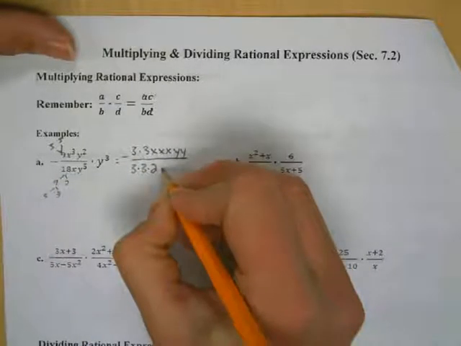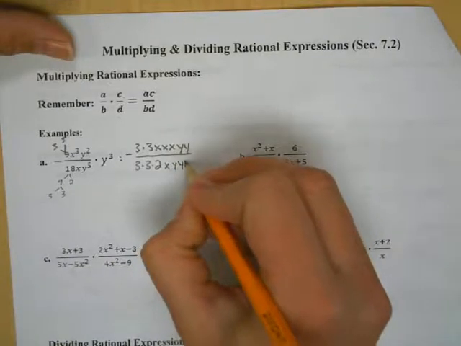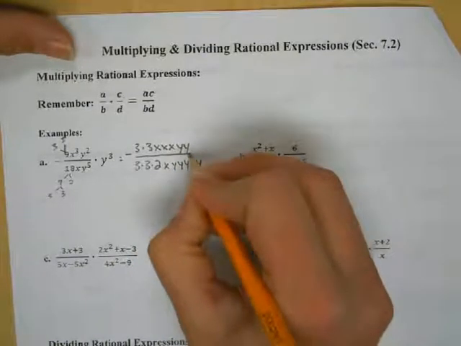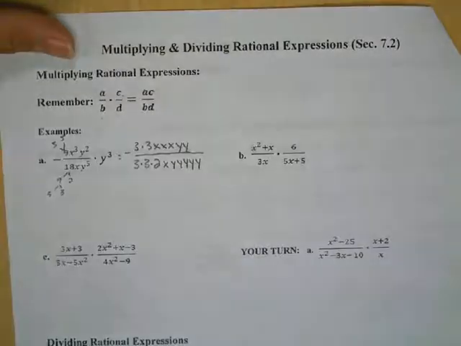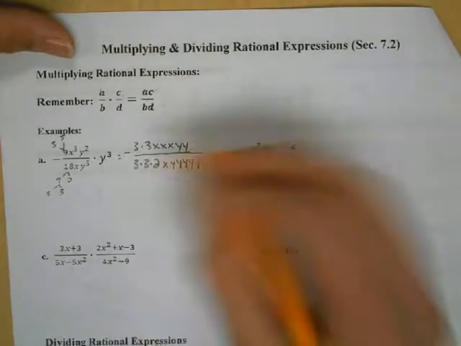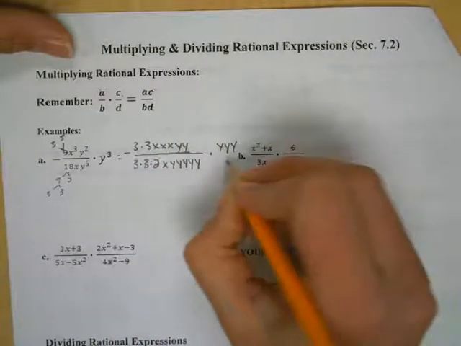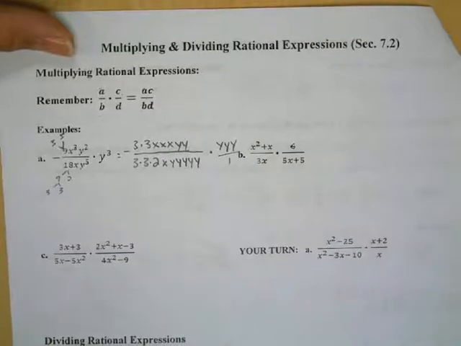I've got 1x, and I've got 5 y's. Let's extend that fraction bar. All of that is times y to the third. So I've got 3 y's. We're just going to put that over 1 because I don't have anything on the bottom there.